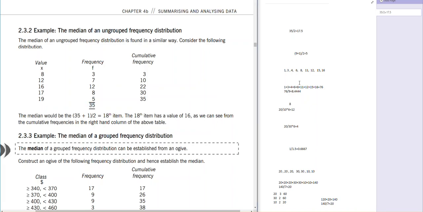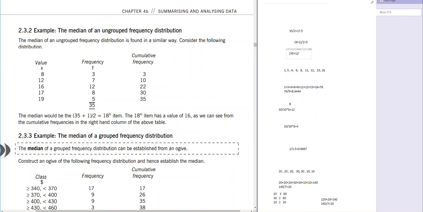So if we take 35 plus 1, you are just adding 1 to it, so that it gives you one value higher than the mid. Because it doesn't give you half a unit, it gives you a full one.